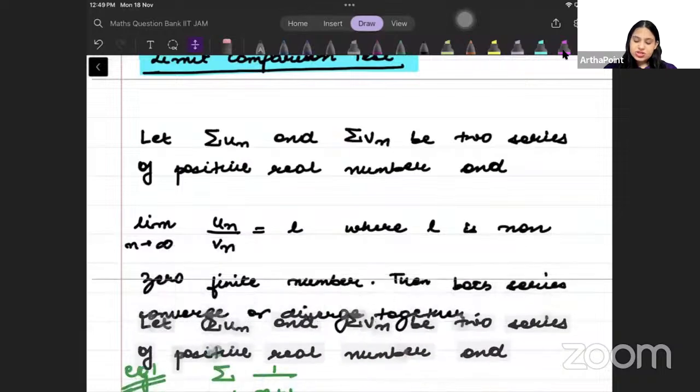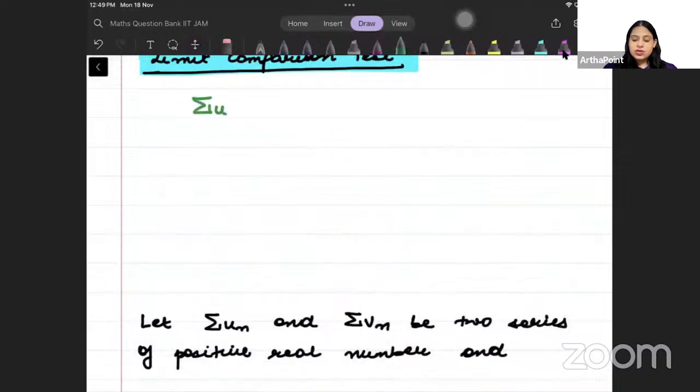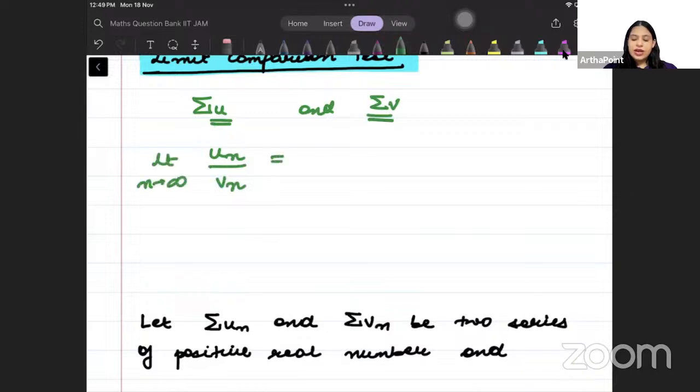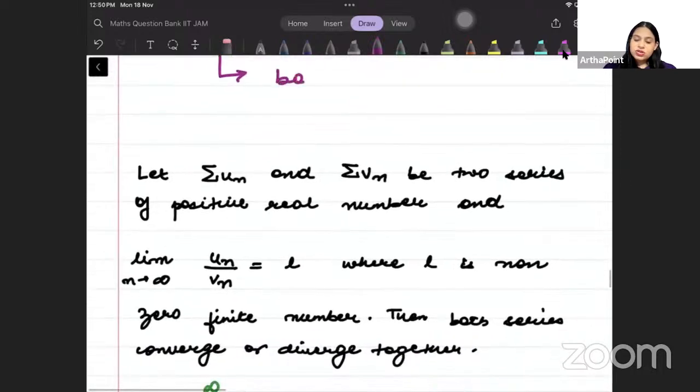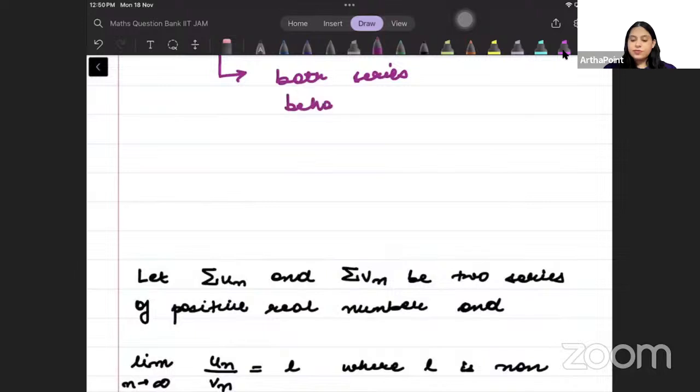Again, I have two series, summation U and summation V. I will find the nth term of each series, and I will take the limit as n tends to infinity of their ratio, the nth term of series U over the nth term of series V. If it comes out to be some constant which is not equal to 0, then we can say that both these series will behave similarly.